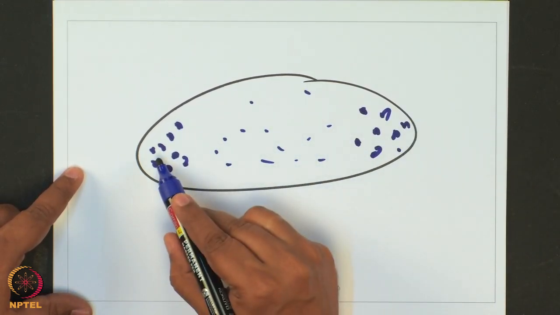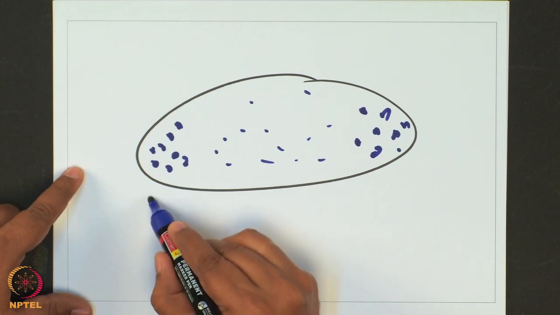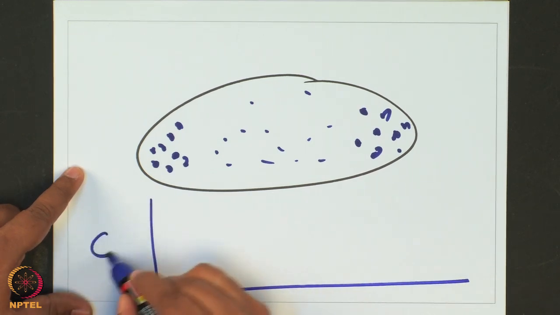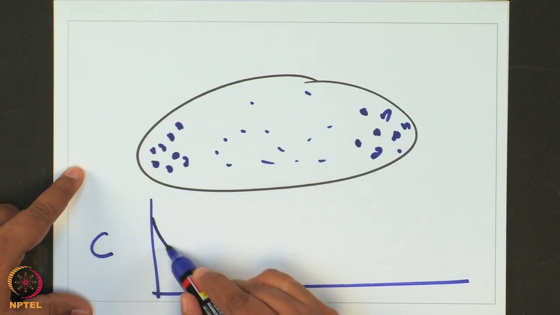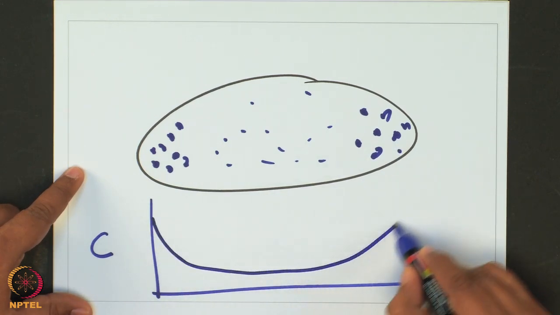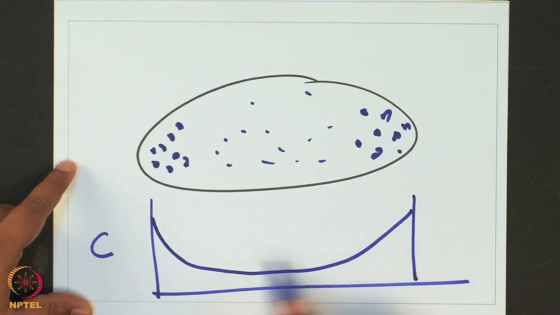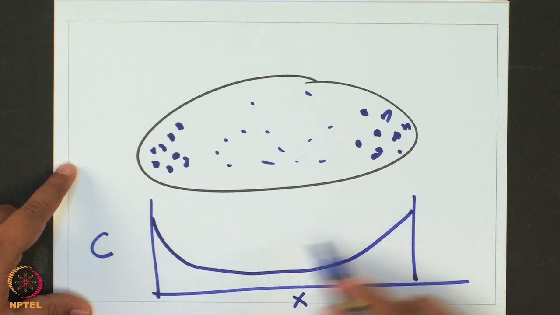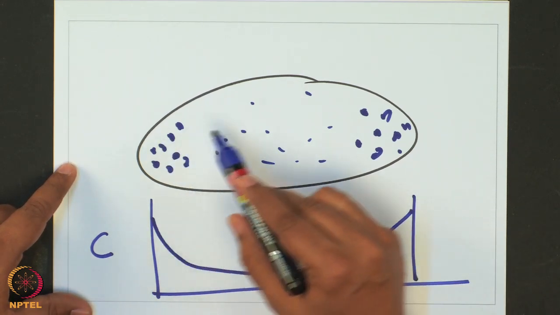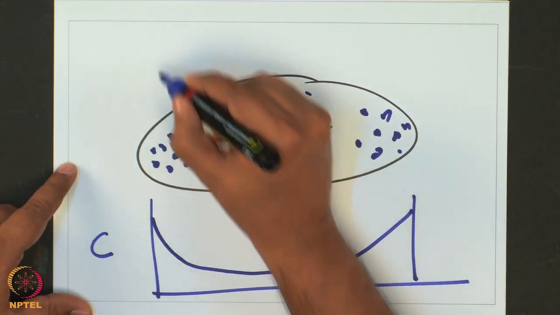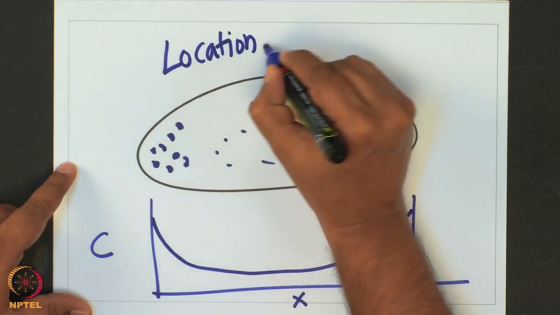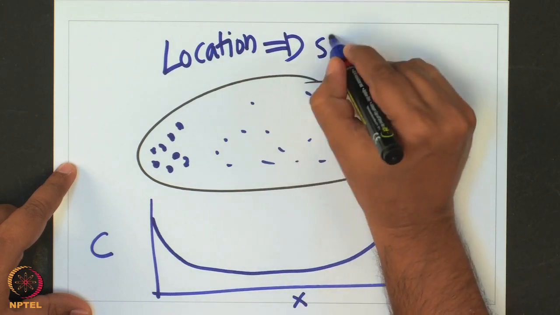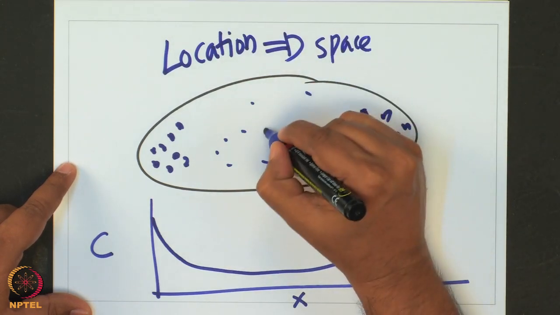If I plot concentration versus the x distance, it could decrease and then somehow increase. So, the concentration could change in space according to this fashion. By location I mean space, that is, some point or some region.